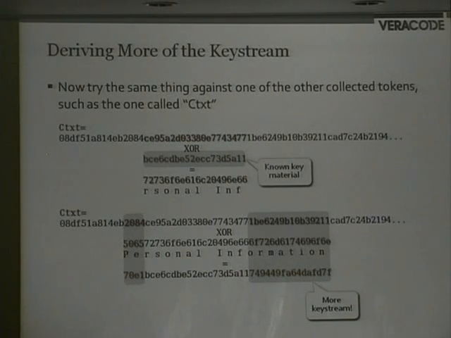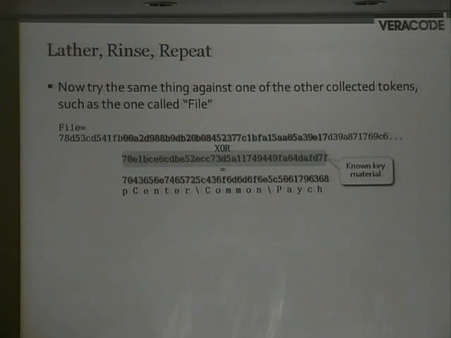Great. Repeating that because I've got all these different tokens to work with. They're reusing this key stream all over the place in the application. So I can just take these tokens and XOR them with my known key material and just keep growing the amount I know of the key stream. So I do it with a different one called file, and I get out this string.